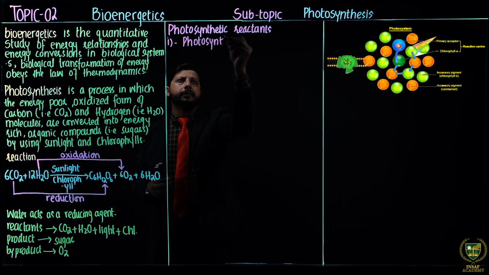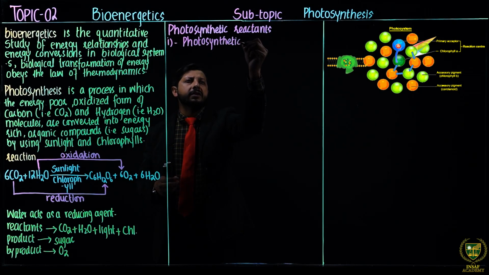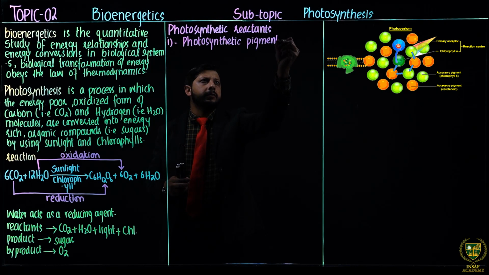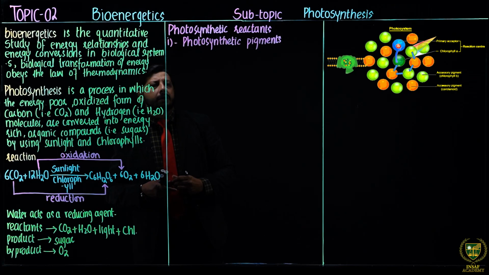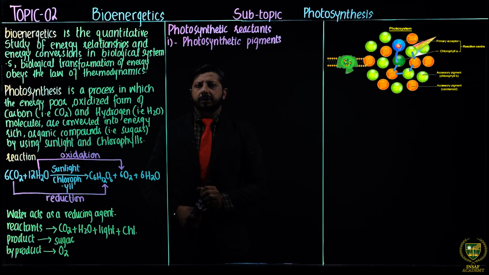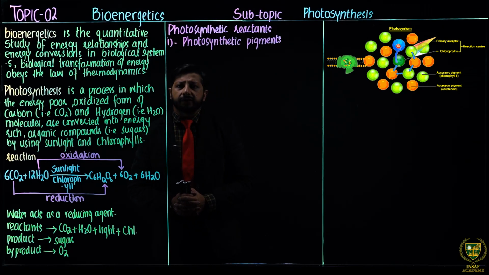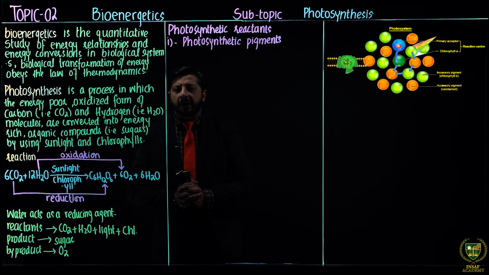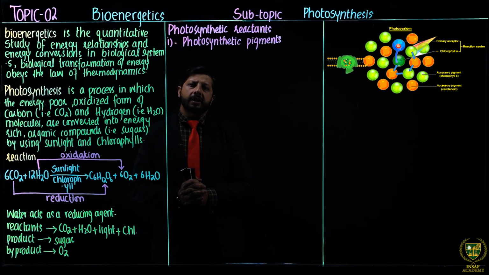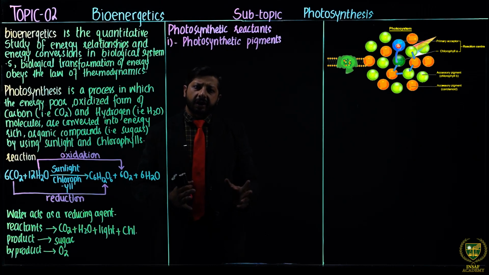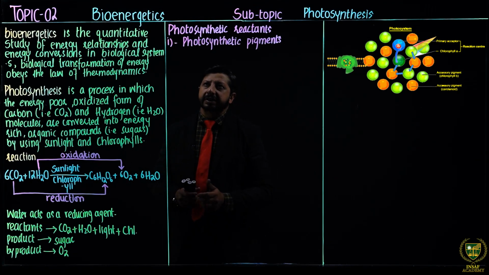Dear students, these are the kind of pigments which drive photosynthesis. These photosynthetic pigments absorb the sunlight and help in the formation of sugars directly and indirectly. How, we will discuss later.